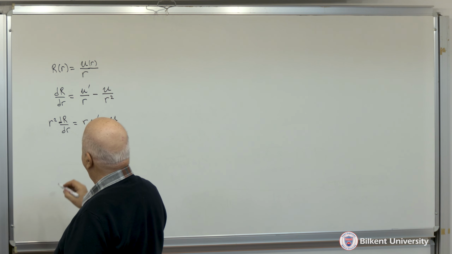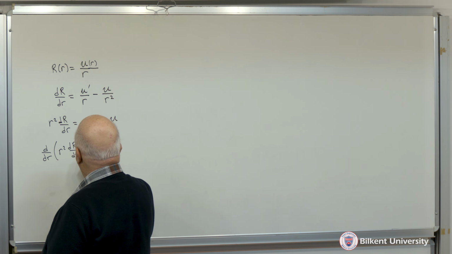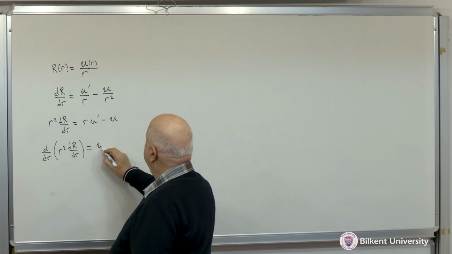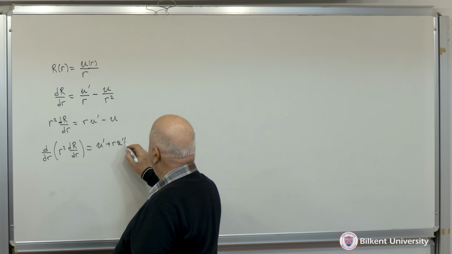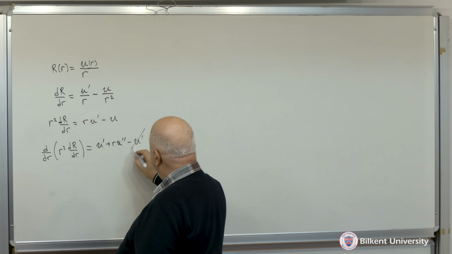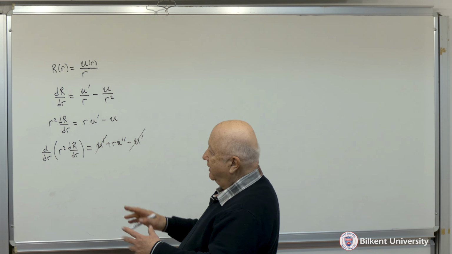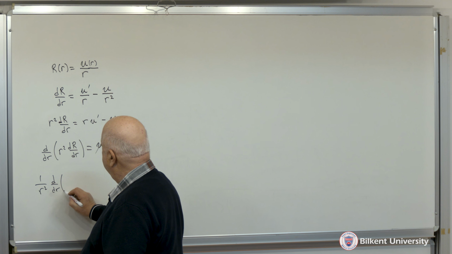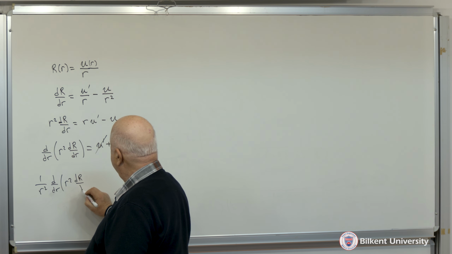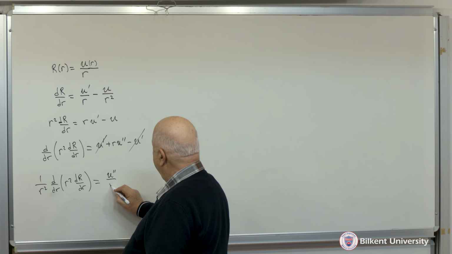Then one more derivative, so d/dr of r squared dR/dr is going to be u prime plus r u double prime minus u prime. So these u primes cancel, which will provide some simplification. And finally, let me just write it: 1 over r squared d/dr of r squared dR/dr will be equal to u double prime over r.